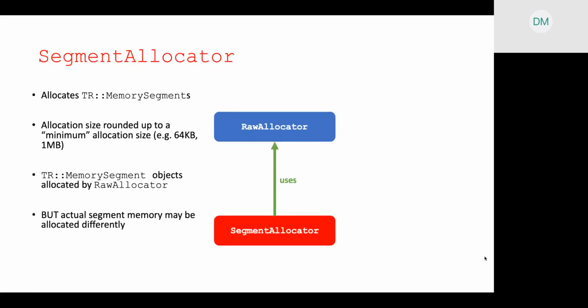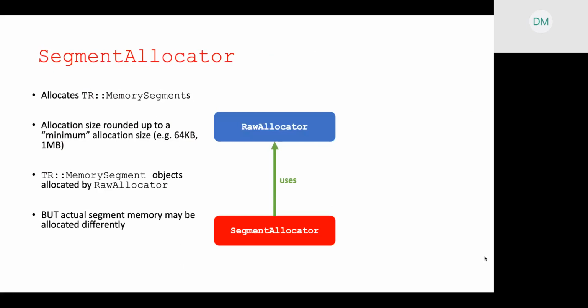OpenJ9 will use minimum allocation sizes of up to 16 megabytes, I believe, for certain segments. So basically, the segment allocator is responsible for getting a chunk of memory that's of the right size. In OMR, a segment allocator just uses a raw allocator to allocate a chunk of memory, and then it builds a TR memory object around it.